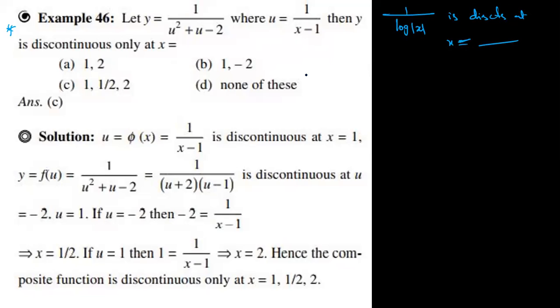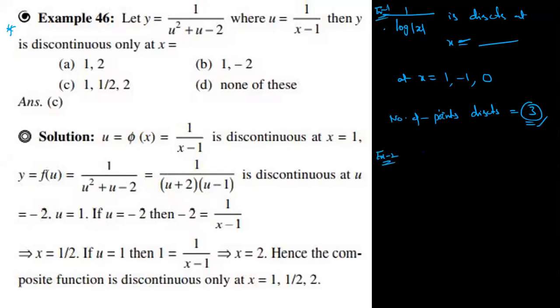See, 1 is an undefined case, minus 1 is an undefined case, and 0 as well. So the number of points of discontinuity, how many are there? 3. What are they? x equal to 1, x equal to minus 1, and 0. Example 1.